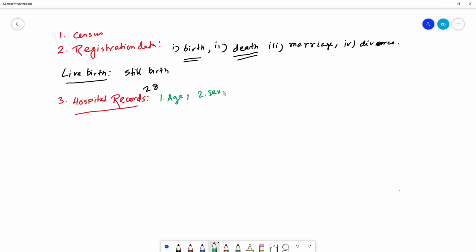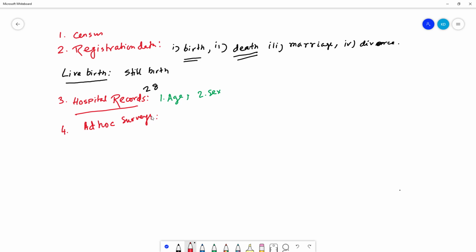Next and last point is ad hoc surveys. In countries with defective registration systems, occasionally surveys are conducted to collect data on vital events.